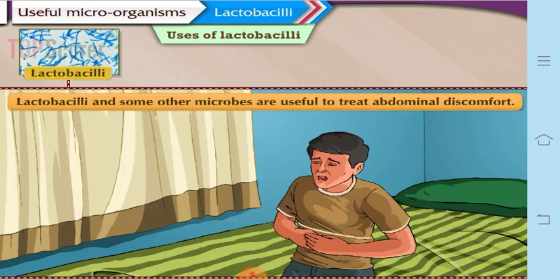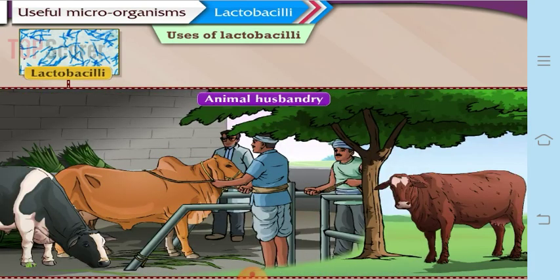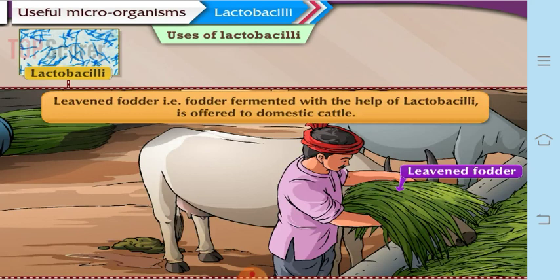Then let us know a little further. It is used in pharmaceutical industries also, because whenever there are abdominal discomforts or some indigestion problem, a probiotic supplement is given, which contains lactobacilli. Also in animal husbandry, leavened fodder, that is fodder fermented with the help of lactobacilli, is offered to domestic cattle.